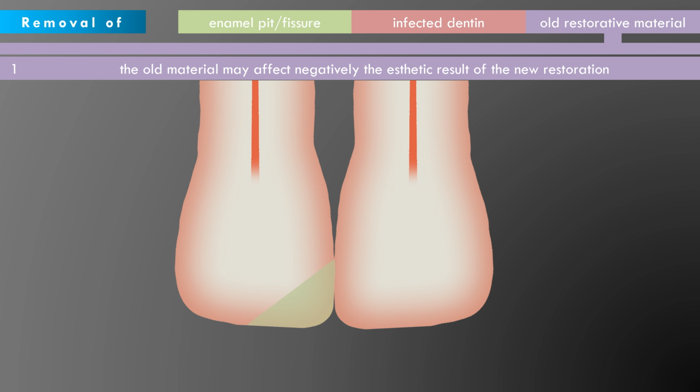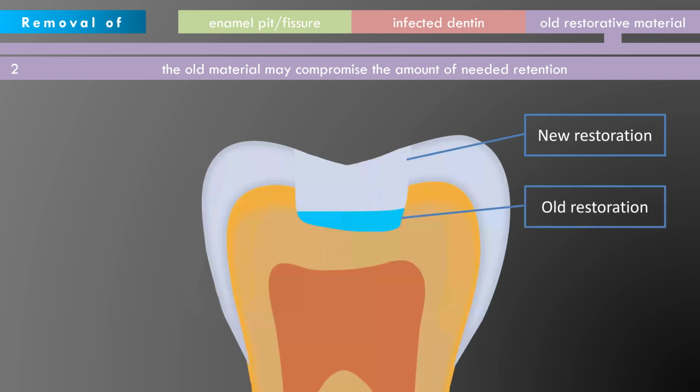Maybe while doing a composite restoration in the anterior region, we may have to remove the old restorative material because it can affect the aesthetic result of the new restoration. So once we remove the old restoration, we can restore the defect with a new restorative material that will be aesthetically pleasing.